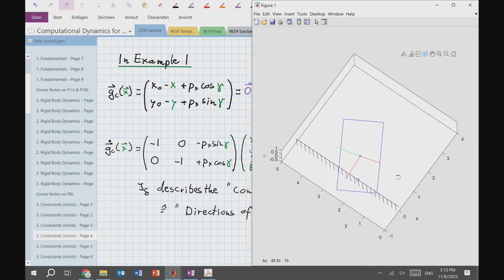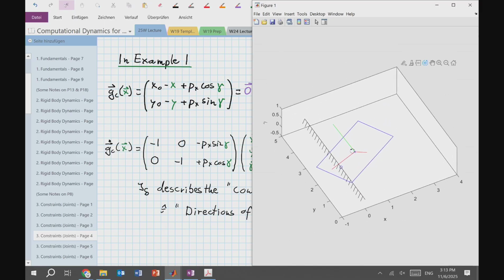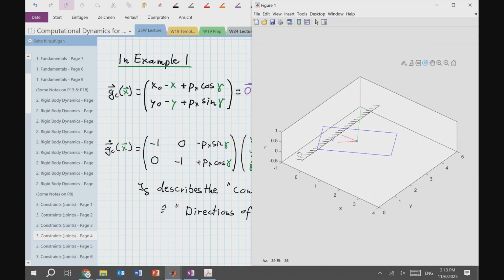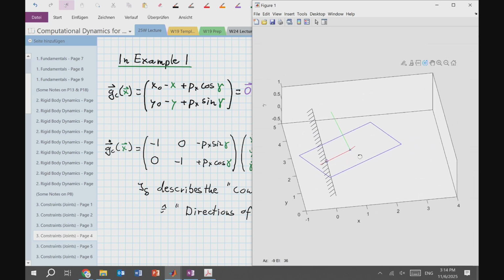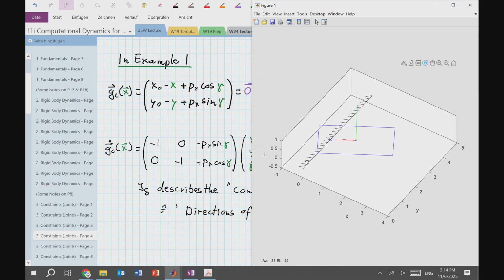If I rotate this, you hopefully can kind of see the plane. And the green arrow sits orthogonal to that plane. So kind of describing the constraint in two different ways. Green arrow, this is what the body can do. Red arrows, this is what the body cannot do. And in particular, the vector that we would expect, we see that that sits within this plane, right? We're not talking about individual directions, but spaces.